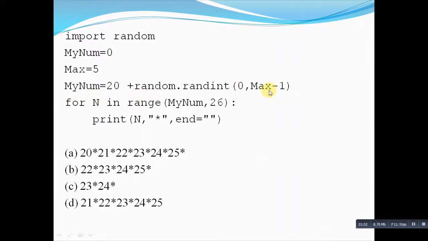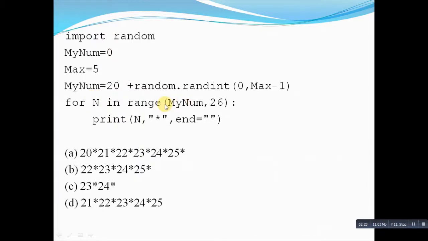And the maximum value that will be generated from here, it is 5, so max minus 1 is 4. It means 24 will be generated. So the highest value that will be generated from here is 24. Now for n in range mynum comma 26.